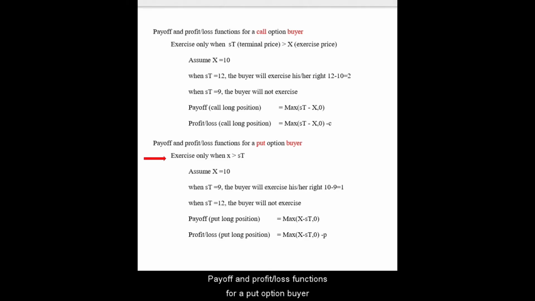The payoff and the profit loss function for the put option buyer. Again, we assume the exercise price is X, and X is still 10. Recall, for the put option buyer, they have a right to sell their stock at $10 in the future.